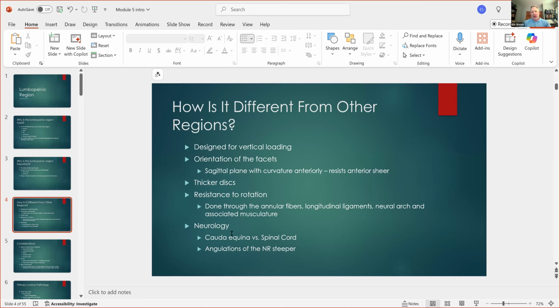The neurology here, the cauda equina versus the spinal cord. I've talked about this before, and we should all be aware of this from an anatomy perspective. Now, the spinal cord itself, the upper motor neuron component of the spinal cord ends around L1, maybe T12. There's some variation from person to person. So lumbar, even central lumbar pathology, like a central disc or some sort of osteophyte or space occupying lesion of whatever kind, it's not going to create an upper motor neuron issue in the lumbar area, right?